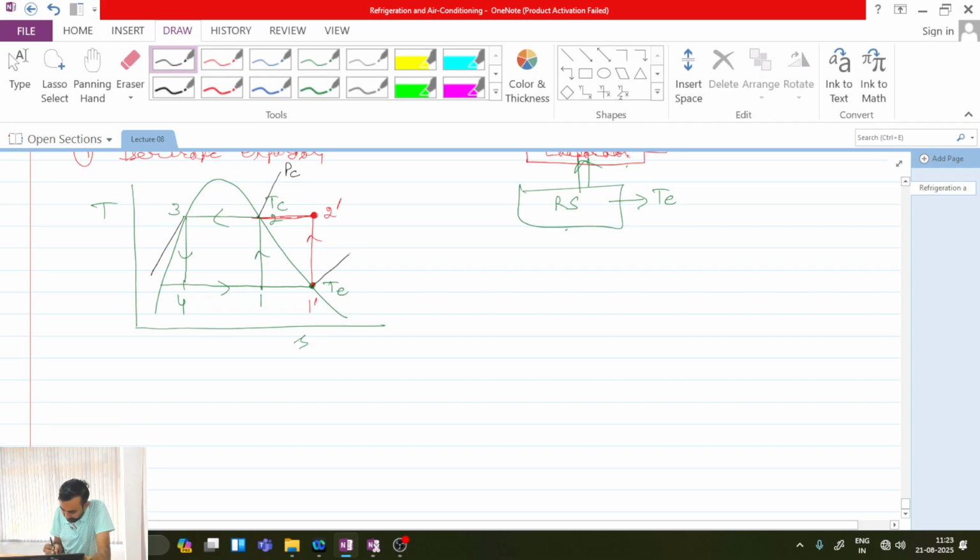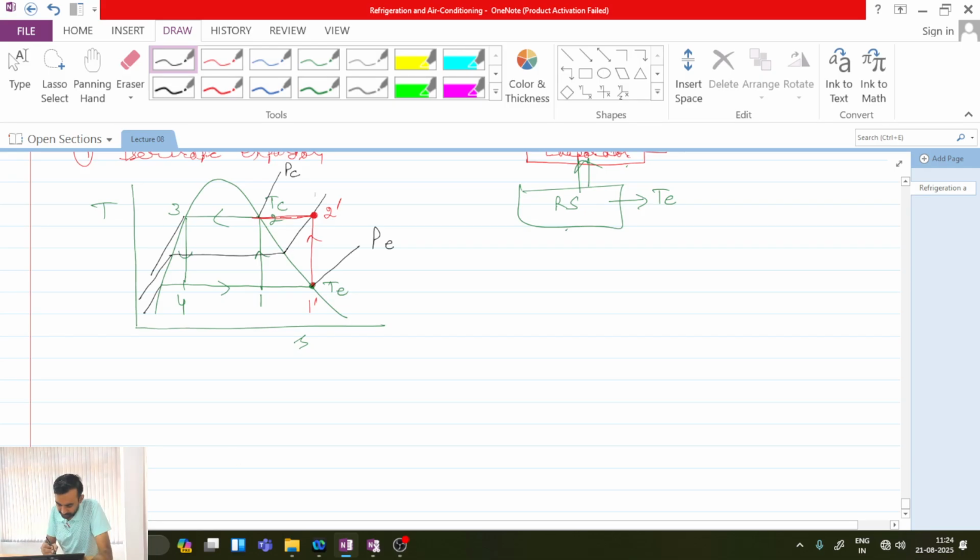This will be another constant pressure line, representing evaporator pressure. Likewise, I will have another constant pressure line passing through point 2 dash. Now the constant pressure line passing through point 2 dash is in between PC and PE.